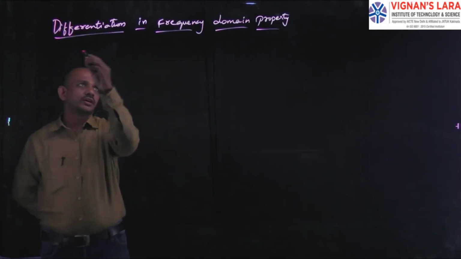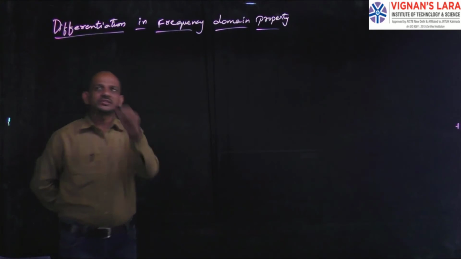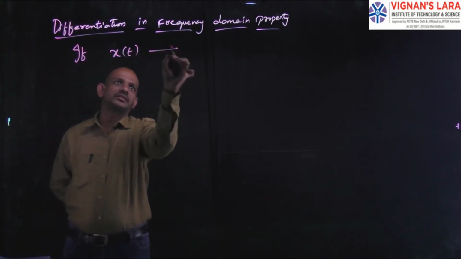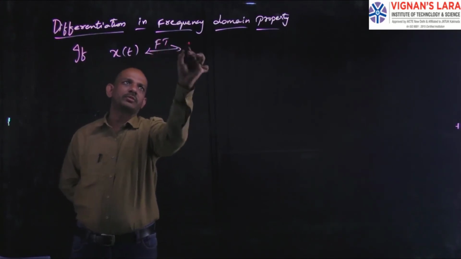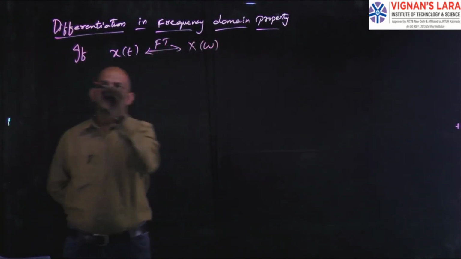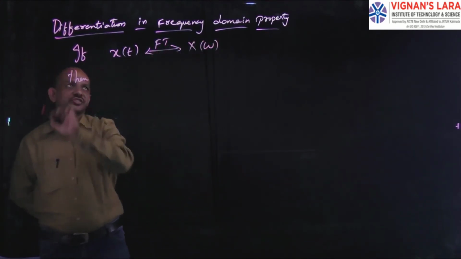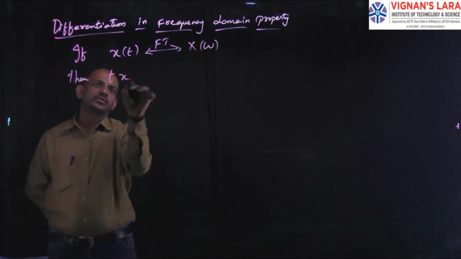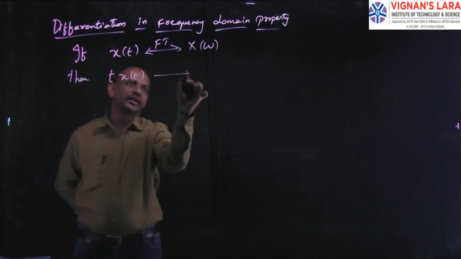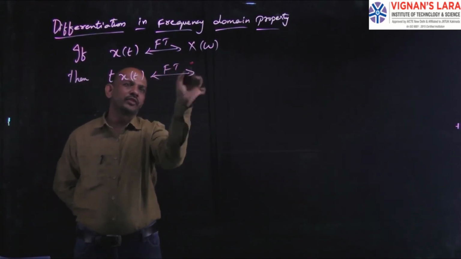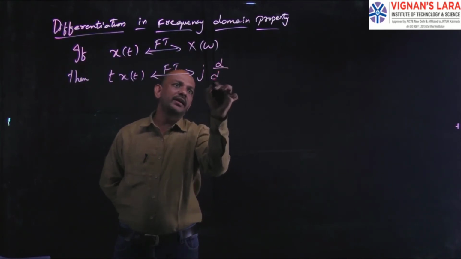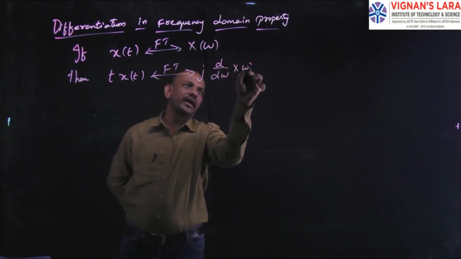So we know the differentiation in frequency domain property: if x of t has Fourier transform X of omega, then the differentiation in frequency domain property states that t into x of t will have a Fourier transform j into d by d omega of X of omega.